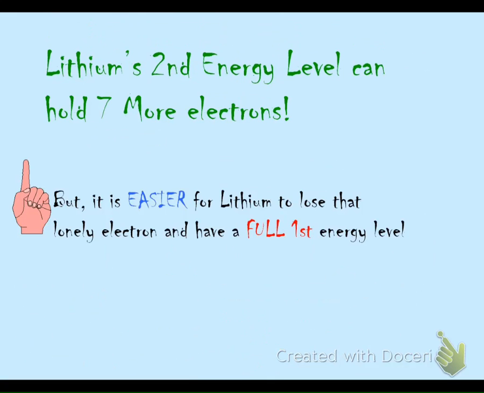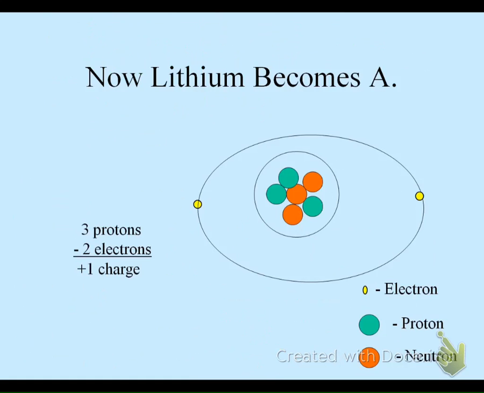And that's easier to do than gaining 7. So that outer ring goes away now as the electron is lost. That leaves lithium now with only 2 electrons, and the inner core now becomes the valence shell. But lithium is a +1 ion at this point.